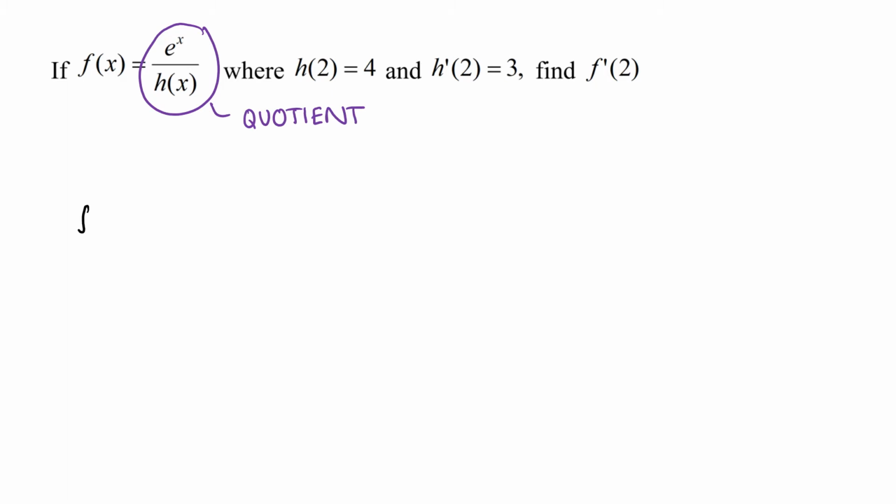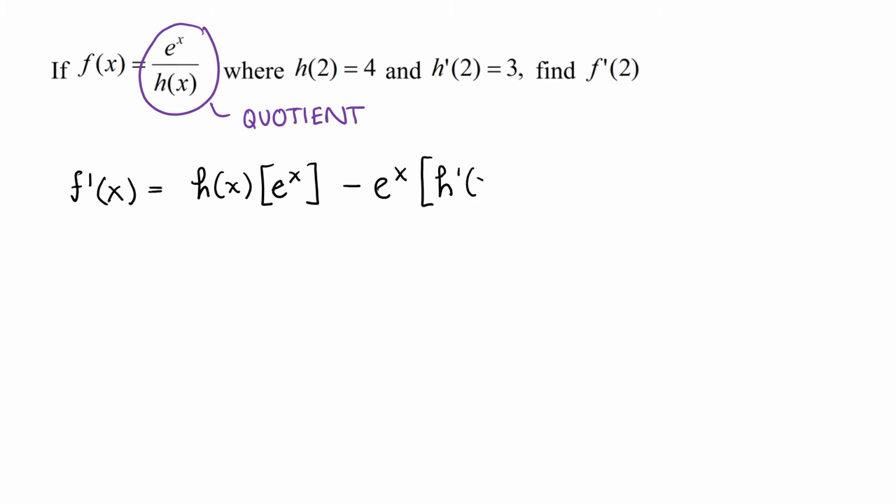So, taking the derivative before I substitute, I have that f prime of x is equal to low, which is h of x, d high, the derivative of e to the x is e to the x, minus high, which is e to the x, d low, the derivative of h of x is h prime of x, all over low, so all over h of x, all squared.